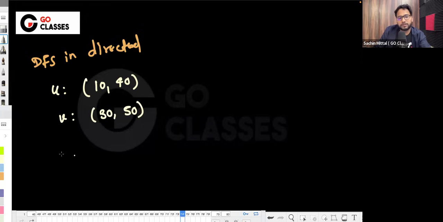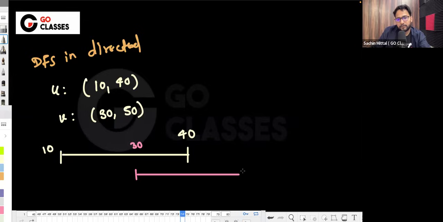So this is DFS in a directed graph. u has start time 10 and finish time 40, and v has start time 30 and finish time 50. Is this possible? Do you know the DFS parenthesis theorem?